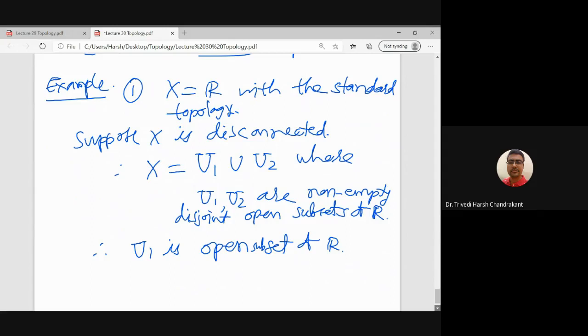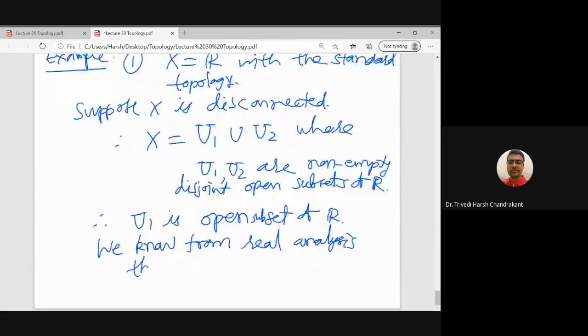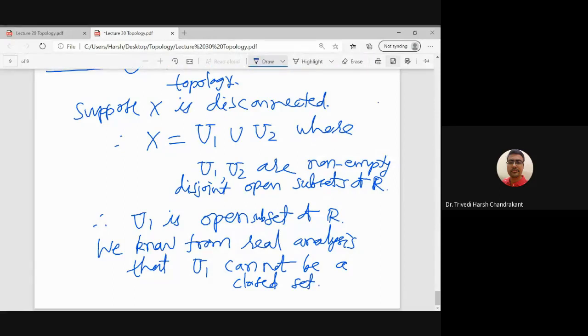So we know from real analysis that U1 cannot be a closed set. The set which is open cannot be a closed set if it is a non-trivial set.